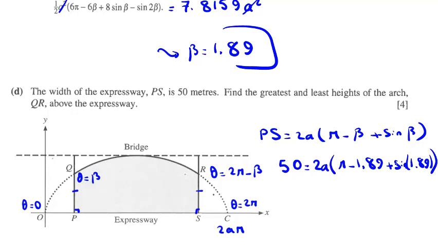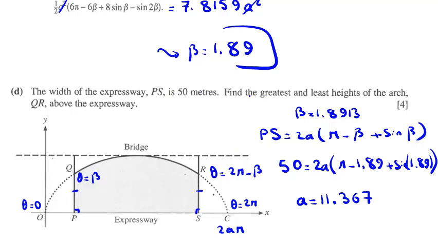For a more exact figure, beta is around 1.8913. If you calculate with a calculator, we find a is 11.367.